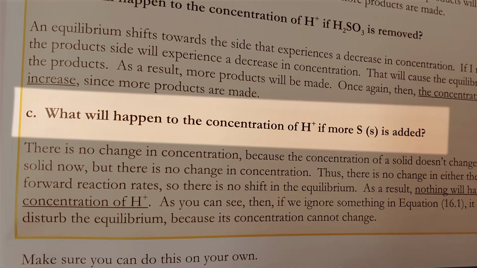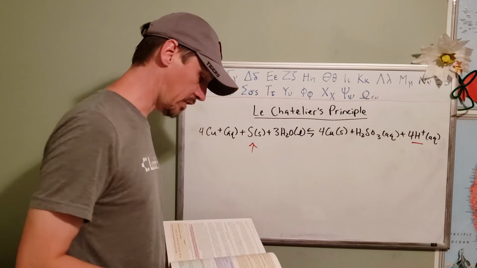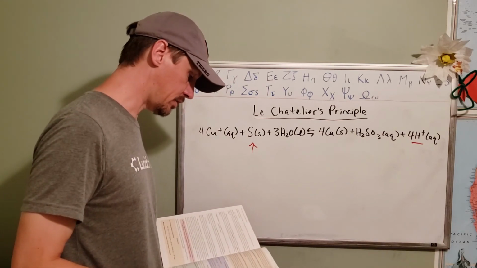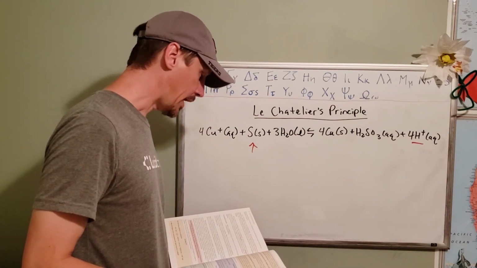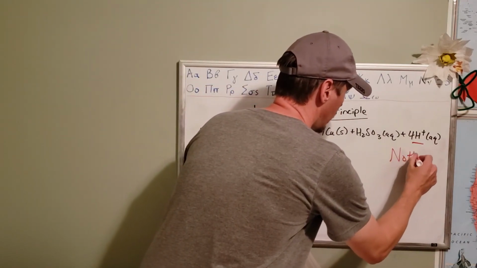And then finally it says, what will happen to the concentration of H+? We're interested in H+ again. What will happen to the concentration of H+ if more S, solid sulfur, is added to the reaction? And the answer is, for this particular one, nothing.